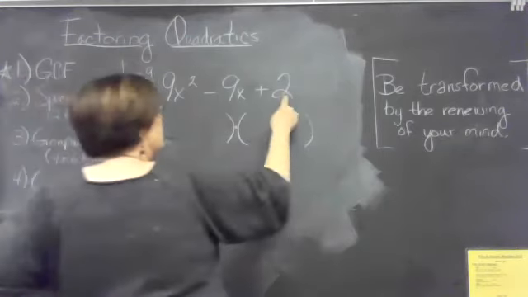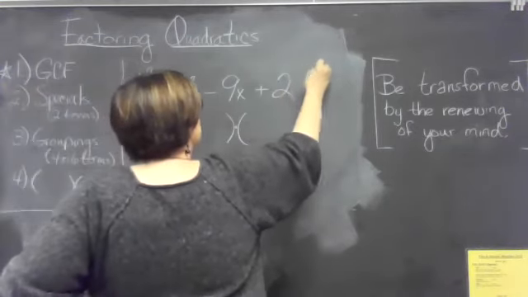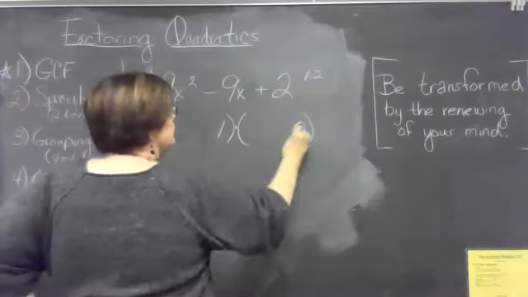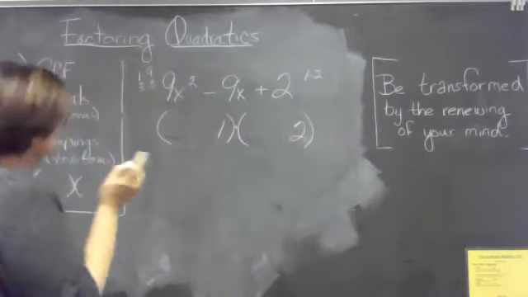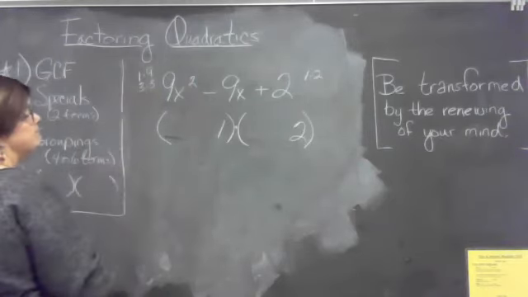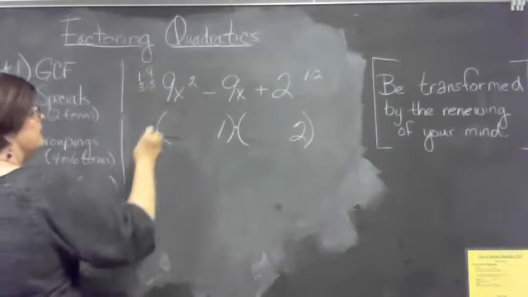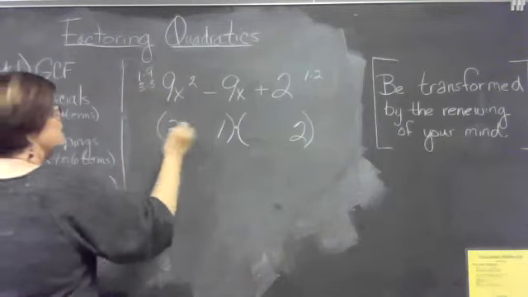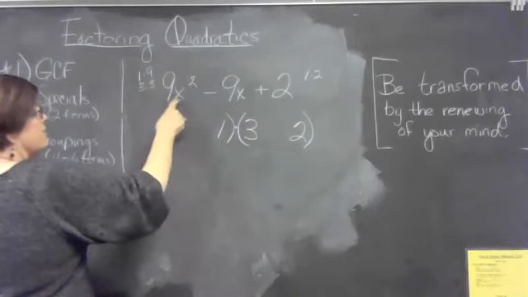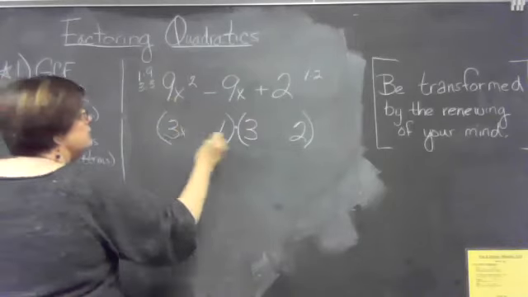And there's only 1 set of factors here, 1 times 2. So I know 2 is going to go in the back because that's the only thing we can. Which one do you want to try here? I say 3 times 3. Okay, and then I have to have the x times x. Don't forget those.